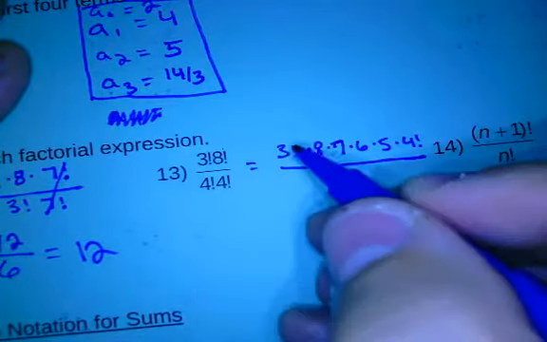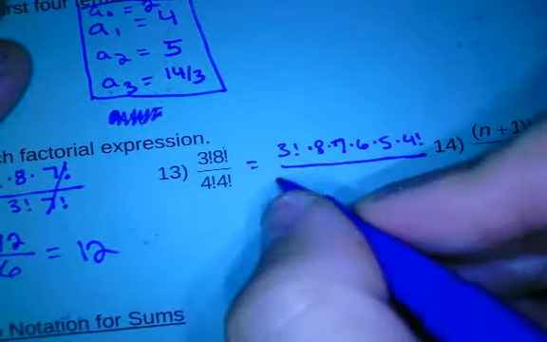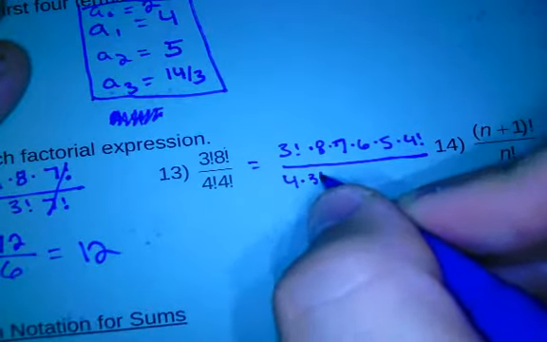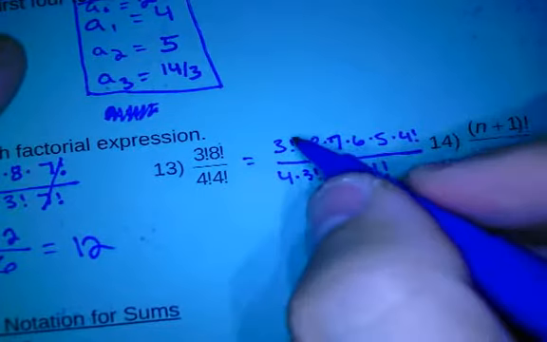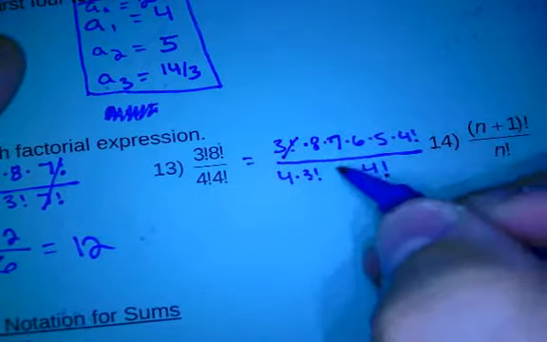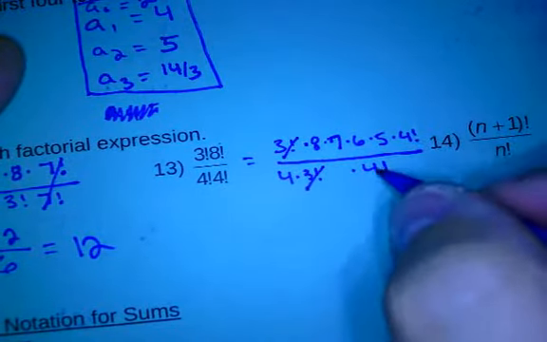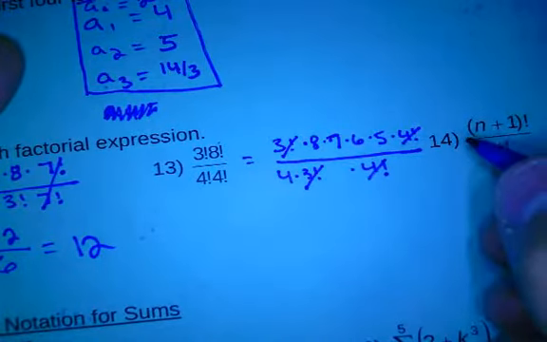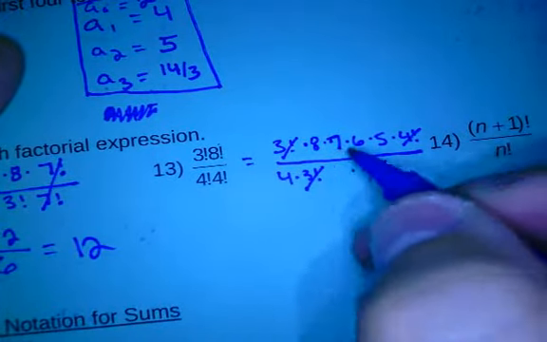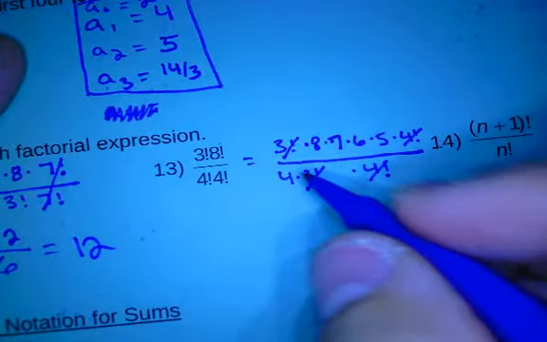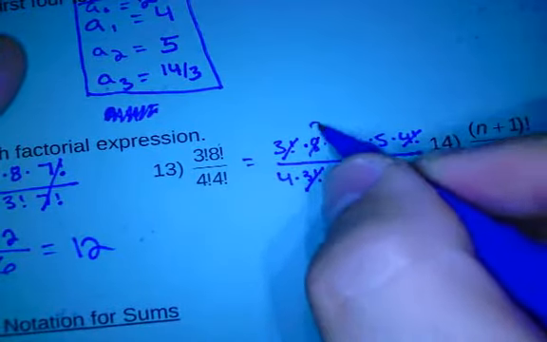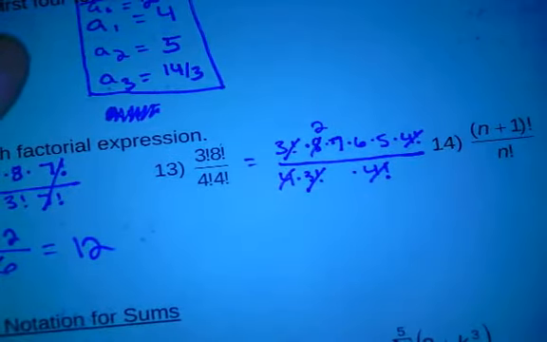Can I break down one of these so it knocks out that 3 factorial? Sure. So let's make this first one 4 times 3 factorial times 4 factorial. Actually, is there another number I can knock out? Can't this 8 turn into a 2 if I take away that 4?